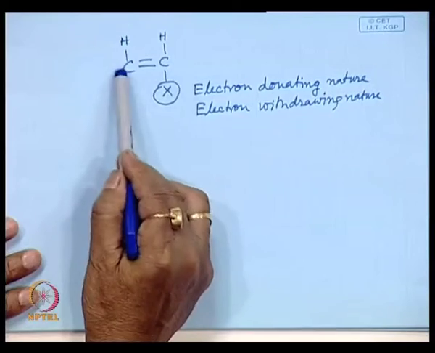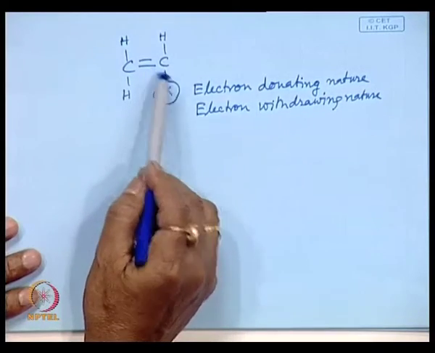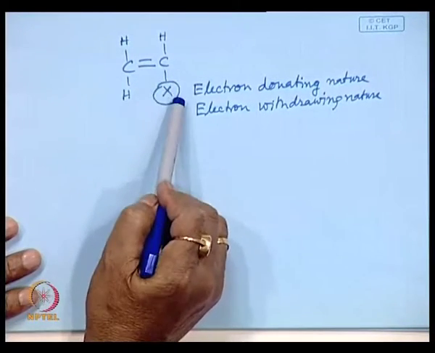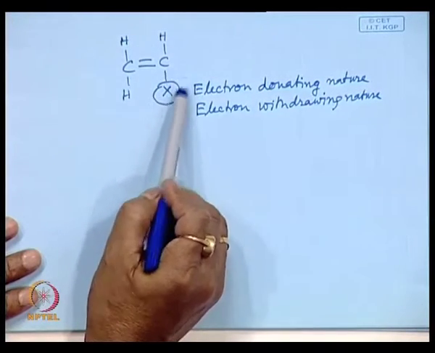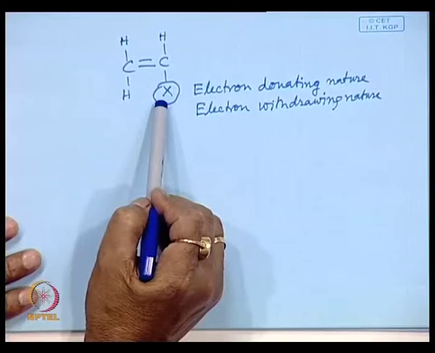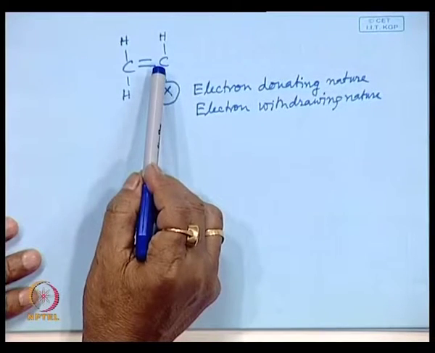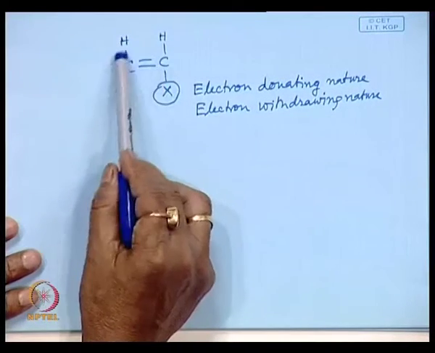What kind of monomer should you take? For that reason, if it is an addition chain polymer, you think of a substituent which is electron rich, which can donate electrons to this system.